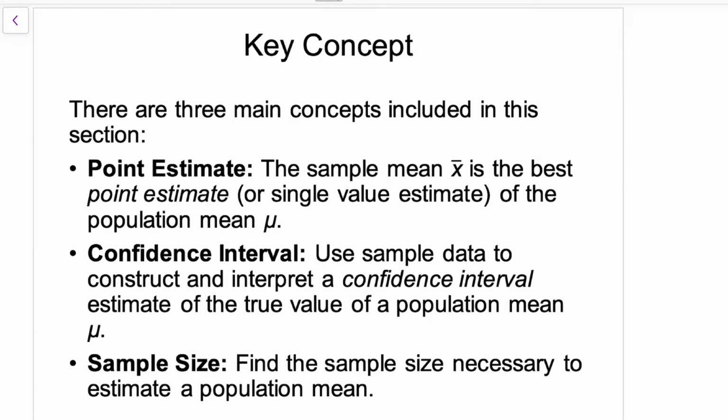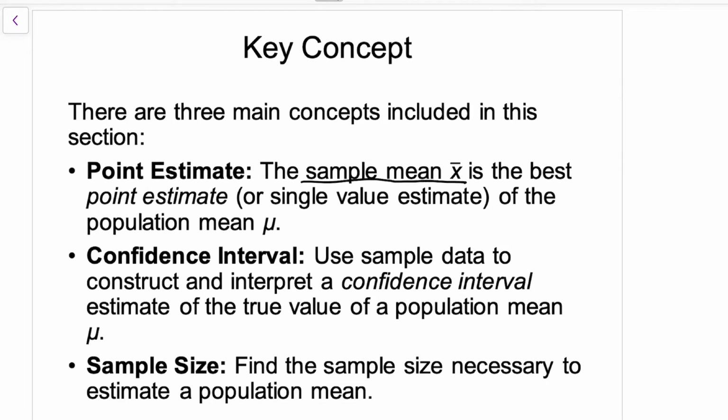If I want to build a confidence interval and find a margin of error, we're going to need these three ideas of a point estimate, the confidence interval itself, and then the sample size, which we'll find later on. Again, the point estimate is the value that will point more clearly to the population parameter. In this case, the sample mean, x bar, is going to be the point estimate, the single value estimate that will give us a good approximation for the population mean mu.